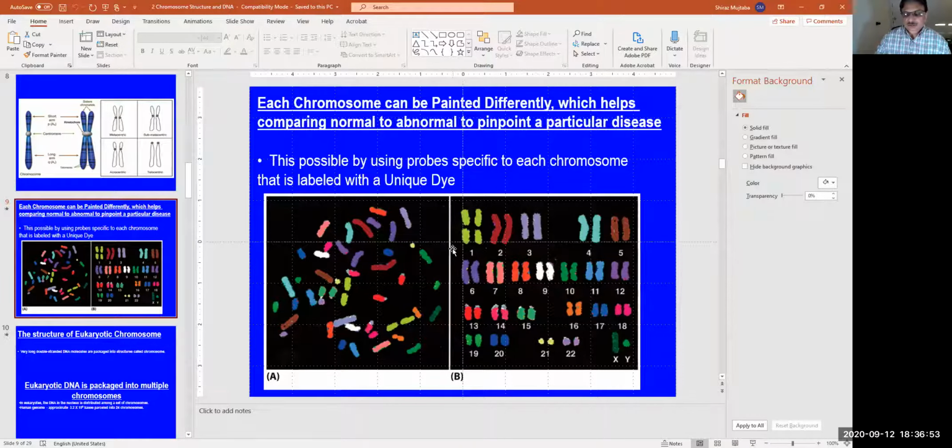If you see here, chromosomes 1 to 23 are colored differently. So it's easy to identify and measure whether it is normal or abnormal: breakage, translocation, recombination, and so forth. Unless we understand the chromosomal structure, how can we understand disease and normal functioning like replication, transcription, and later translation?